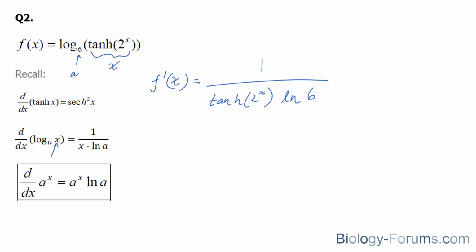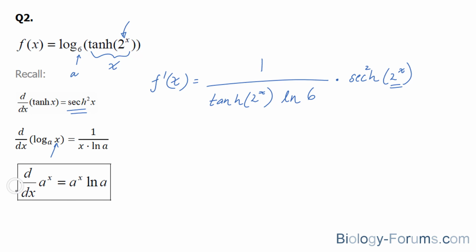Now the derivative of tanh, the hyperbolic function of tangent, is shown right here. So let's implement that. We'll multiply this by sech squared. And in our case, this is your other x. So we're going to write that down right here. And at the same time, we're going to derive 2 to the power of x.